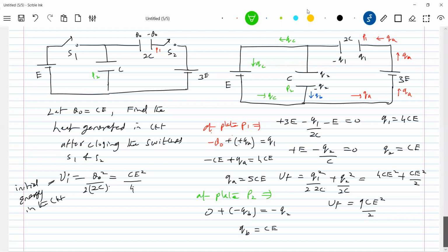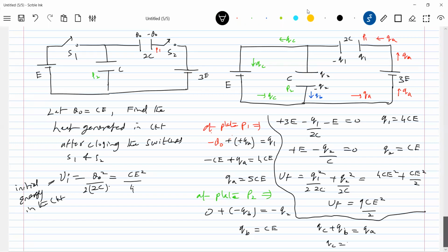Because the QA value is 5CE, and QB is CE. So applying conservation of charge at that junction, we get the equation QC plus QB equal to QA.